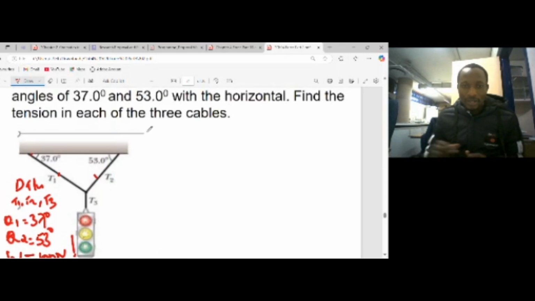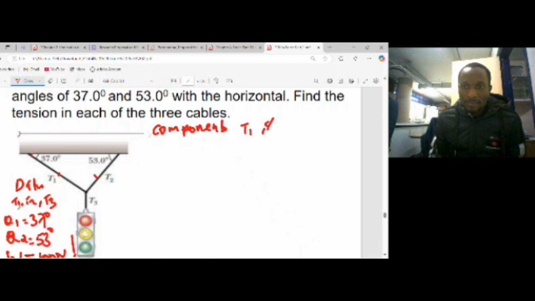As usual, the first thing is to look at the components of T1 and T2. So let's look at T1. T1x is going to be the component of T1 cos 37, which is cos theta, while T1 in the y component is going to be T1 sin 37 degrees.